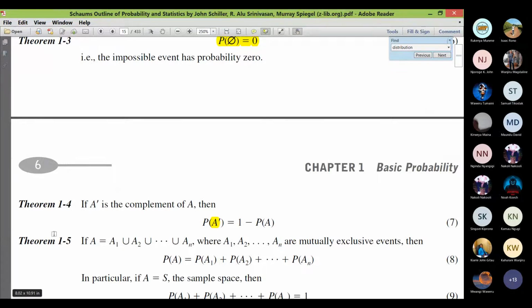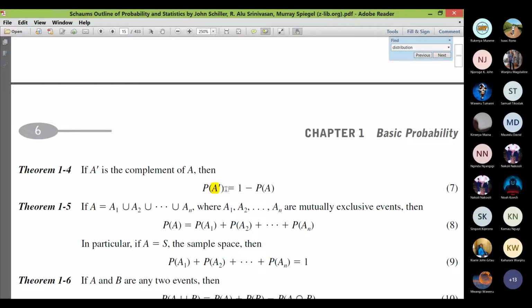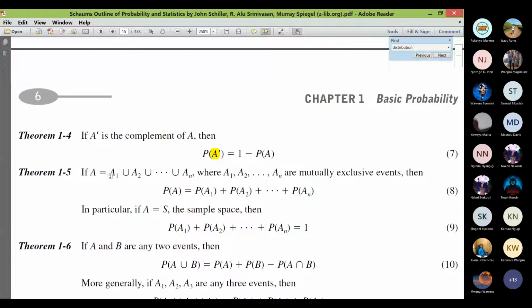Then this last theorem for today, the last thing I'm mentioning before we call it a break: if you have several events, A1, A2, A3, up to A4, all within a sample space, and you want to unite them, then the probability of A1 union A2 and so on, uniting all the events, where all those events are mutually exclusive.